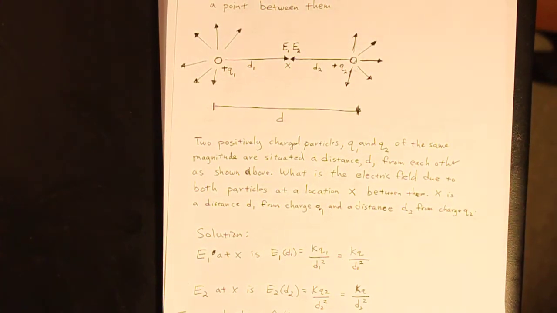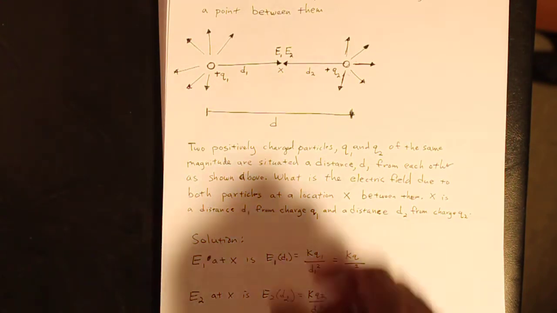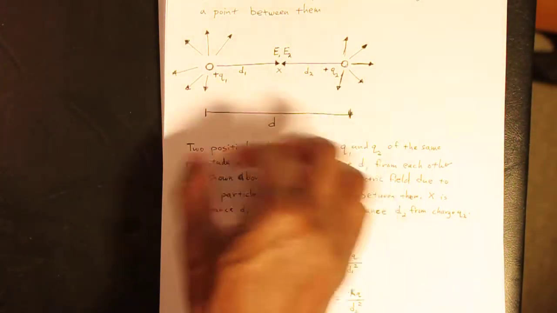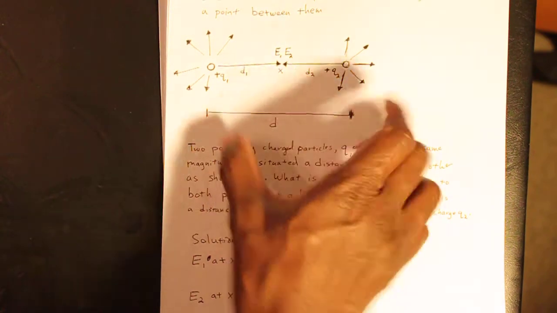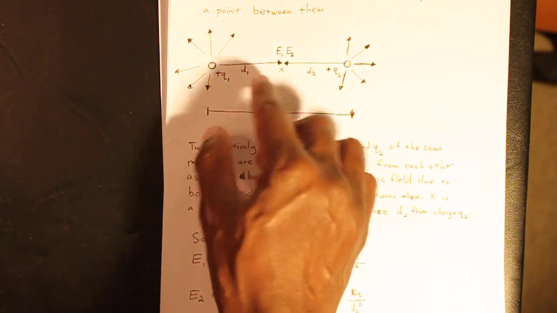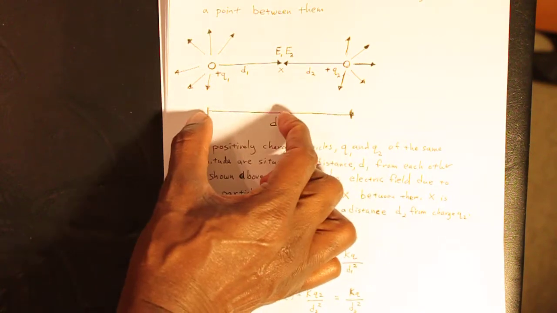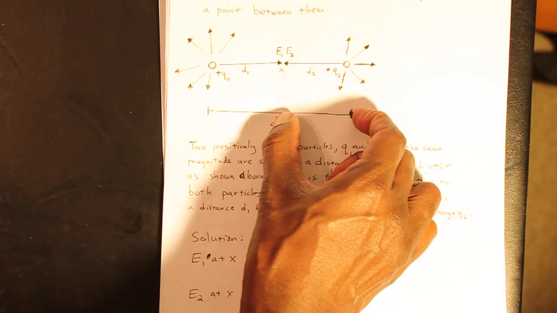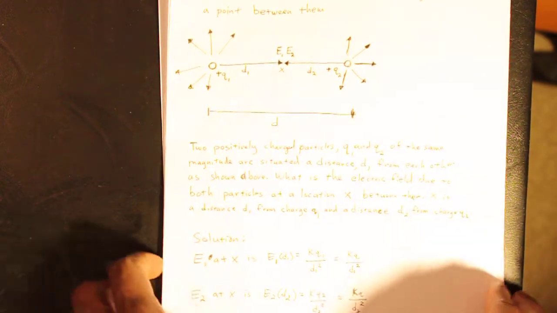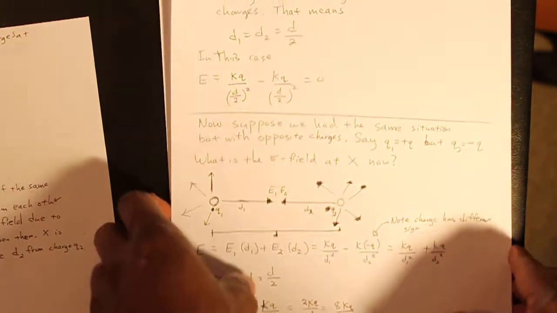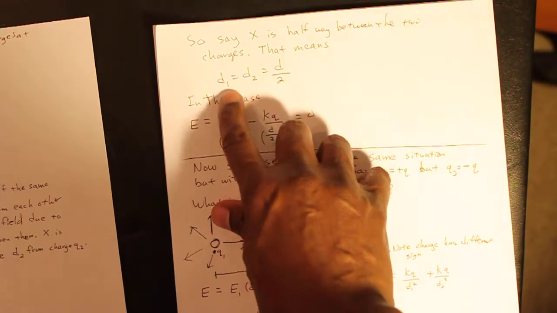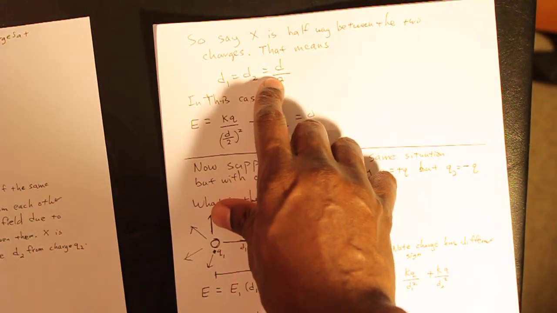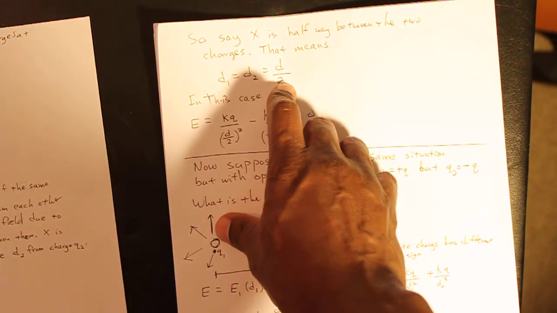So in the case that X is located halfway between the two particles, in other words, D1 equals half of D and D2 equals half of D, or D over 2, then what's going to happen? D1 equals D2 equals D over 2.